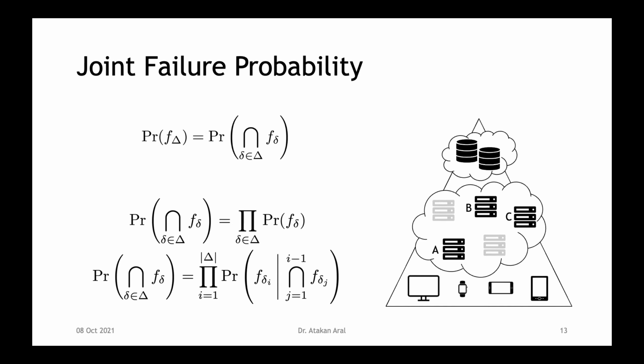So delta is the number of deployments, and 2 to the power of the number of deployments probabilities have to be calculated. One reason why this doesn't work is computational complexity. The other reason is when you assume that everything is dependent on each other, you are also including noise in your calculations, because these correlations can be coincidental and only noise from your data, and you are incorporating it into your calculation.